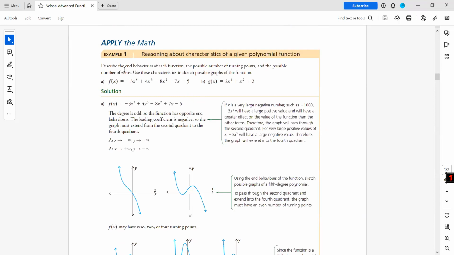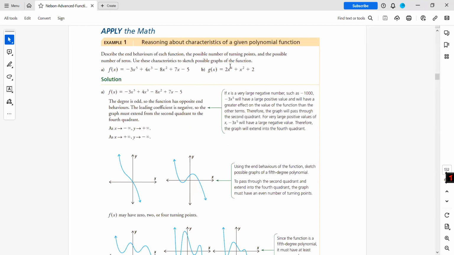So describe the end behaviors of each function, the possible number of turning points, and the possible number of zeros. Use these characteristics to sketch possible graphs of the function. So we have to focus on the end behavior of each function, the possible number of turning points, and the possible number of zeros.